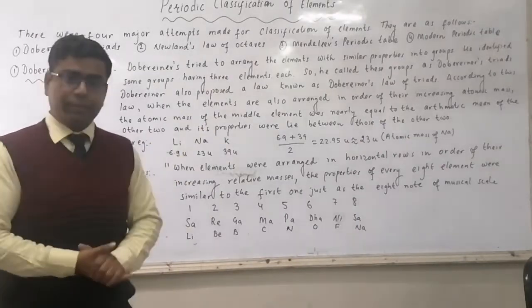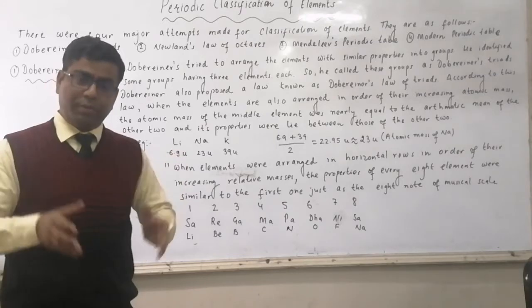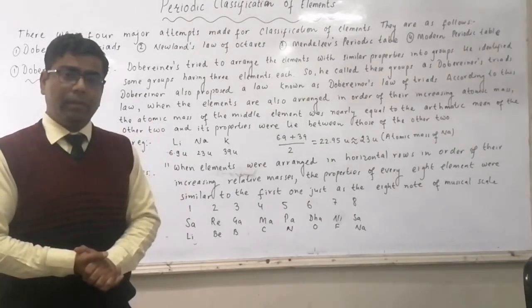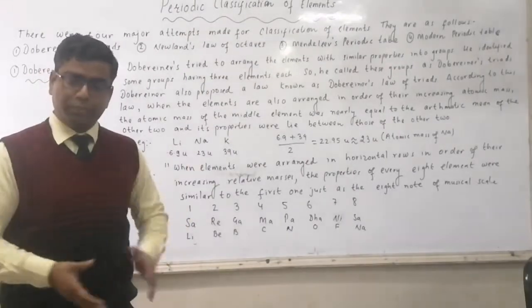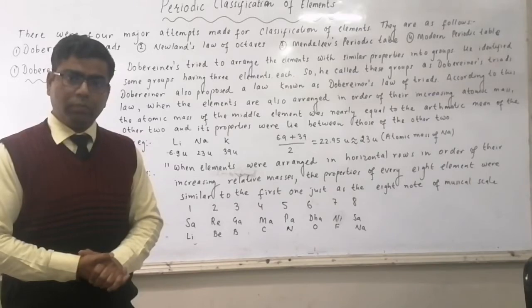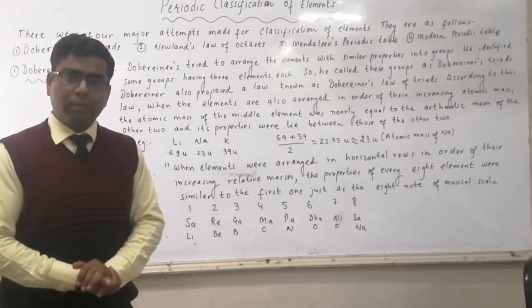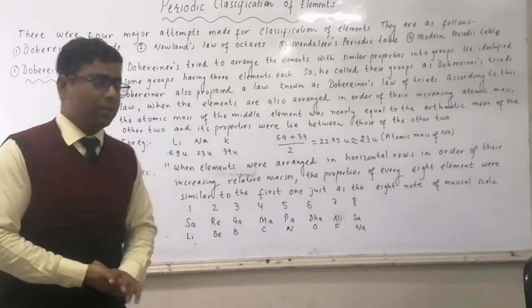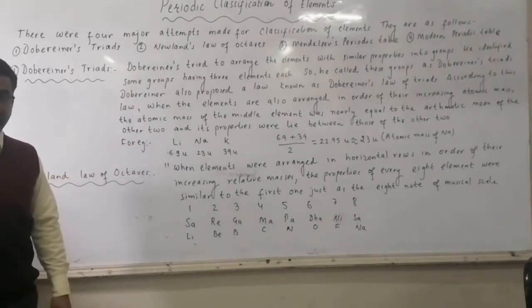Mendeleev was the first who arranged the elements in the form of a periodic table. And the modern periodic table is what we are using now. So the 3rd and 4th are important in this chapter. But still we have to learn the earlier ones also, that is Dobereiner's law of triads and Newlands' law of octaves.